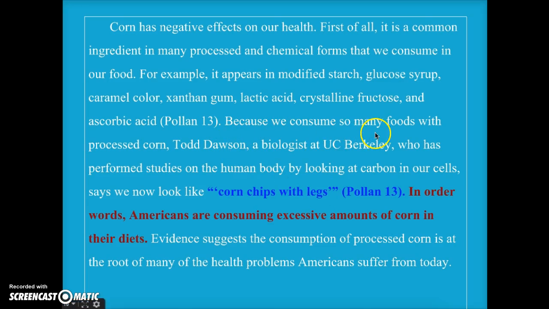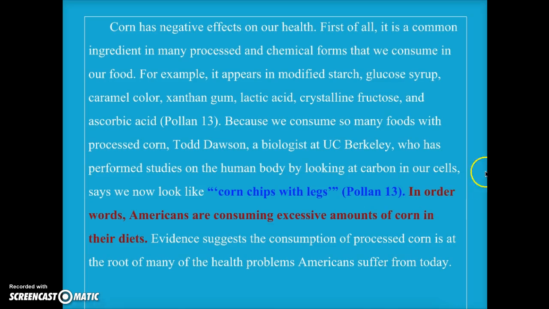Okay, so here we have the introduction of the quote, right? Because we consume so many foods with processed corn, then I give information about who said the quote, and then I include this little quote right here. It's a blended quote, okay? And it's paraphrased as well. So I then include an explanation of the quote.